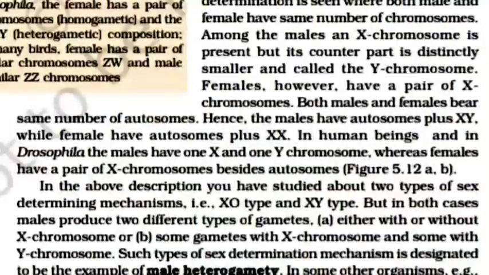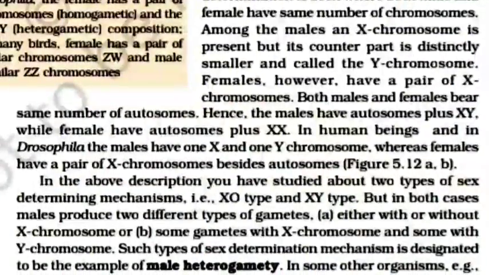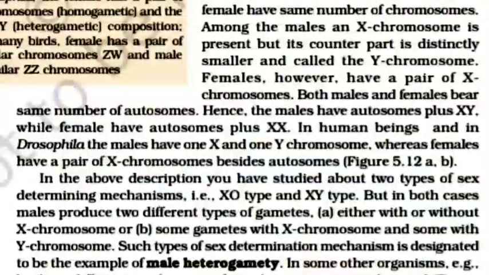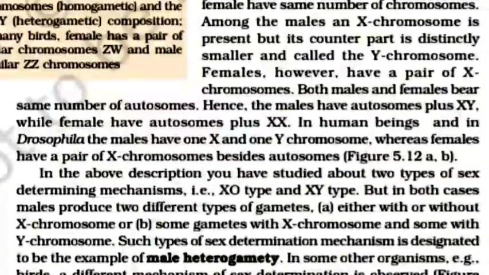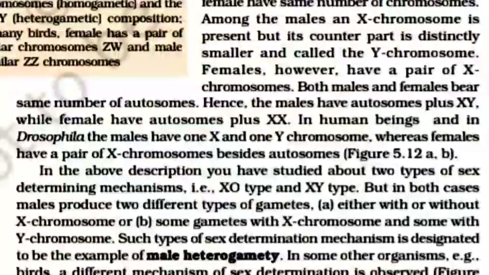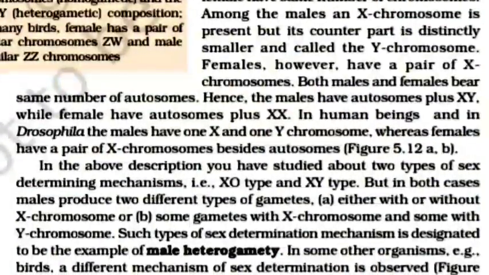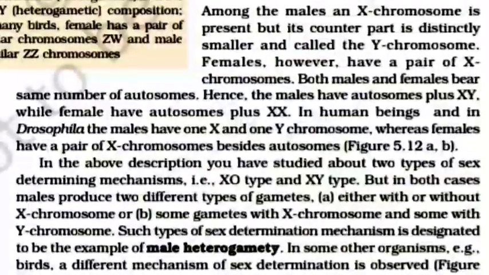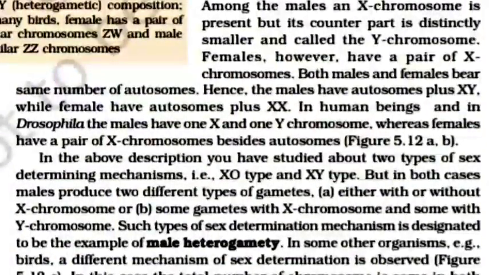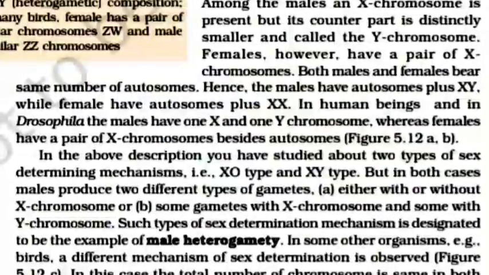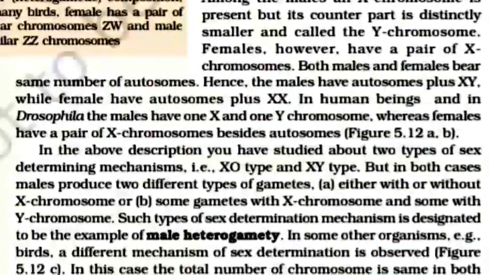In human beings and in Drosophila, the male has one X and one Y chromosome, whereas the female has a pair of X chromosomes besides autosomes. In the above description, you have studied two types of sex determining mechanism, that is XO type and XY type.